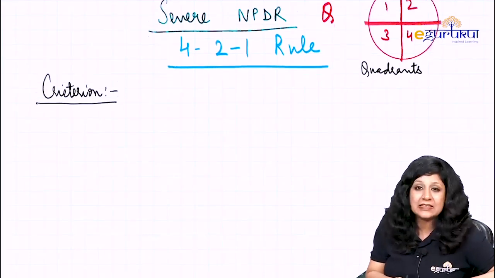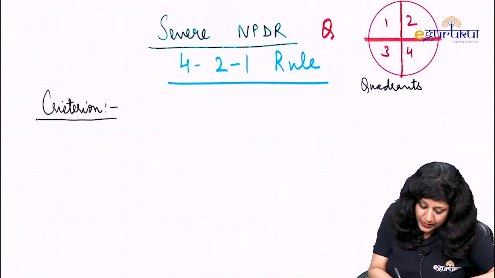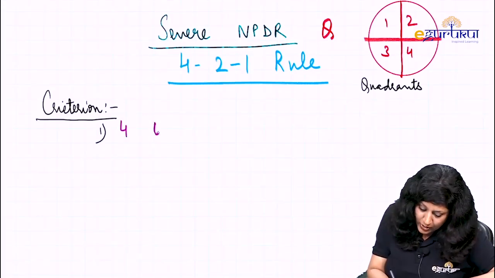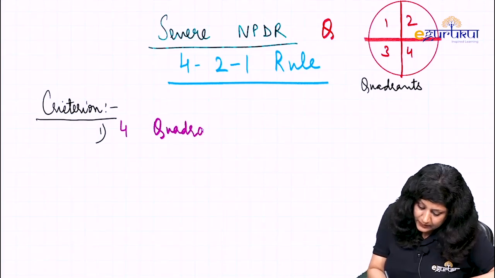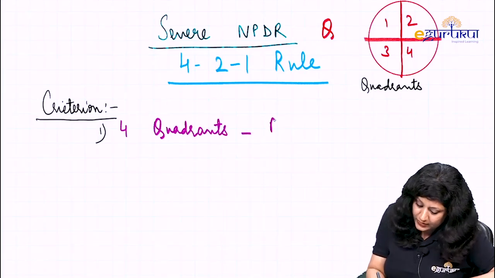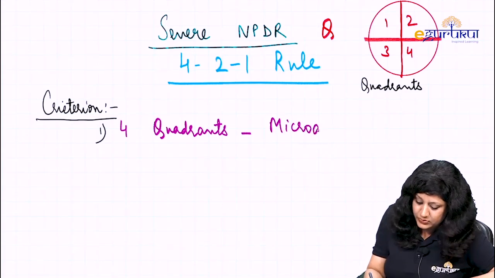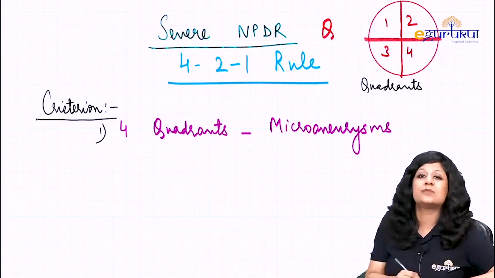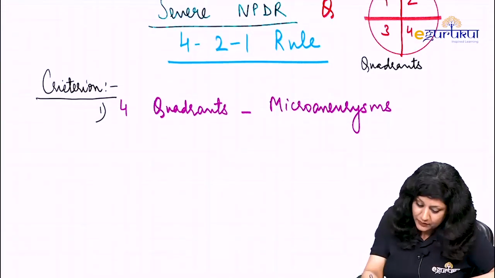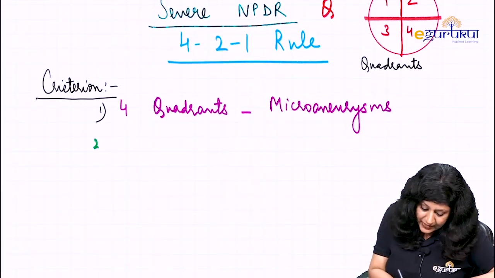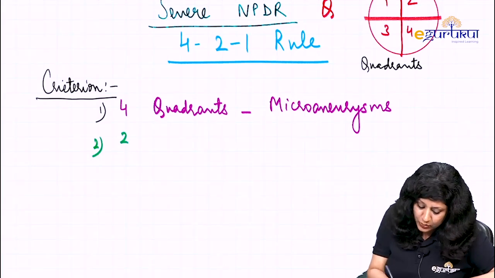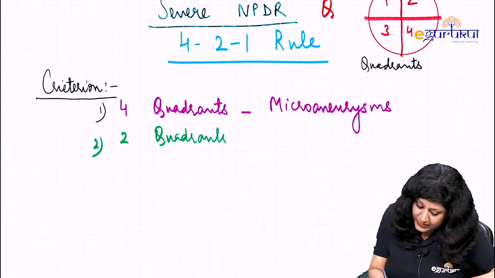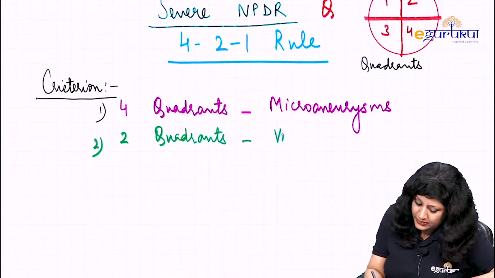The criteria says that either we have all 4 quadrants showing the microaneurysms. If all 4 quadrants are showing microaneurysms, then it is 4. Then we have the second one: at least 2 quadrants showing the venous changes.